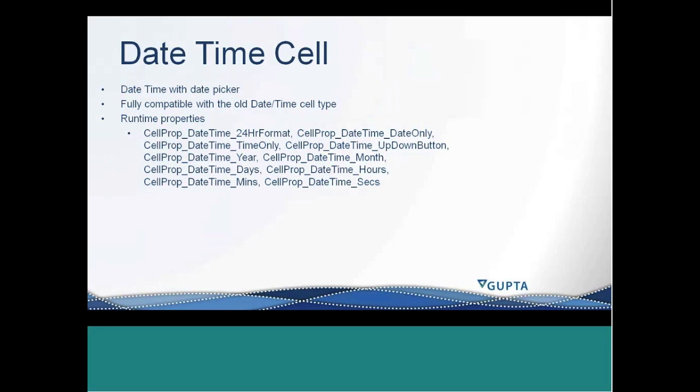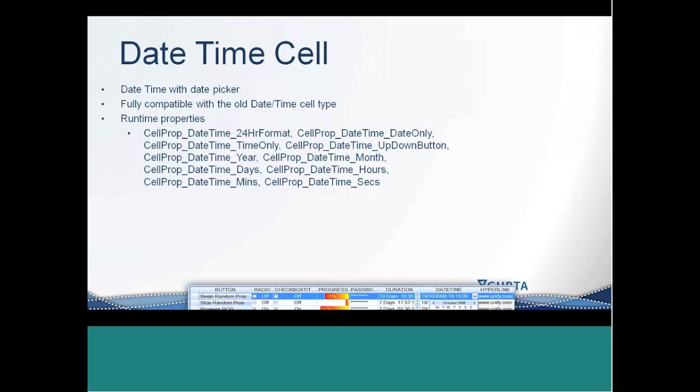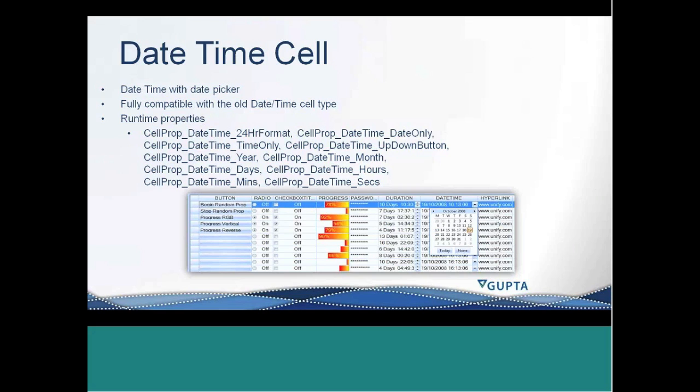The first one, the datetime cell, is a datetime with a date picker included in it. It offered full compatibility with the old datetime cell type, and many runtime properties were offered, as you're going to see for each of those cell types, including 24-hour format, show date and time, date only, or show only the time for that control.